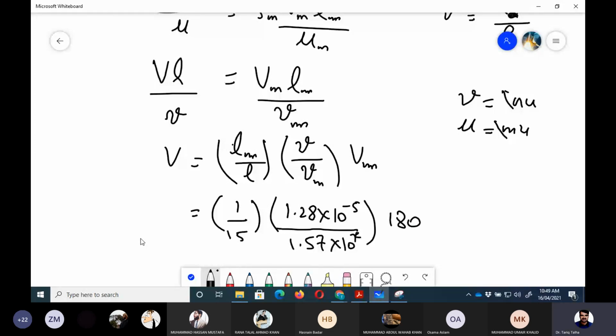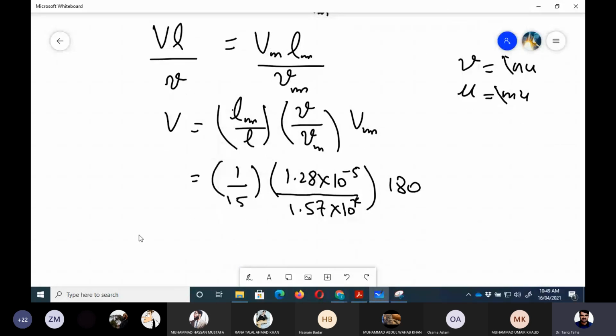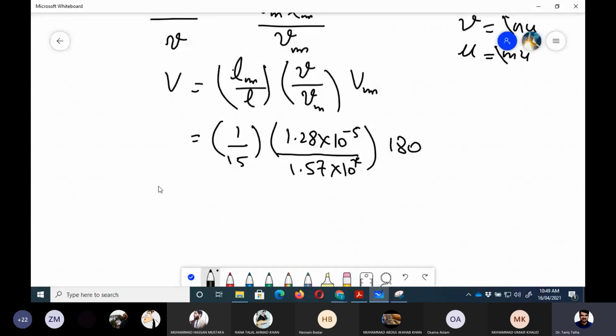From here we can calculate the velocity with which the submarine ought to move, that is 0.963 feet per second.